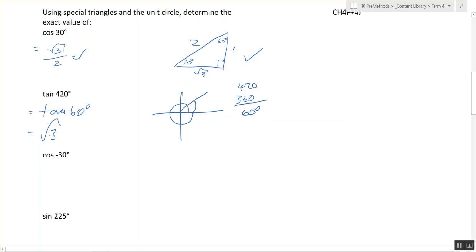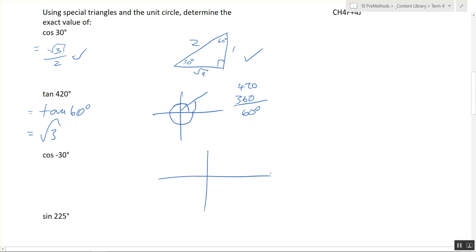Okay, so that's it. Question? Could it also be tan 30 just because 420 is also much more 30? No. What makes it 60 and not 30? I think it's called the corresponding angle. That's why it's equal to tan 60. Does that make sense? Any other questions?